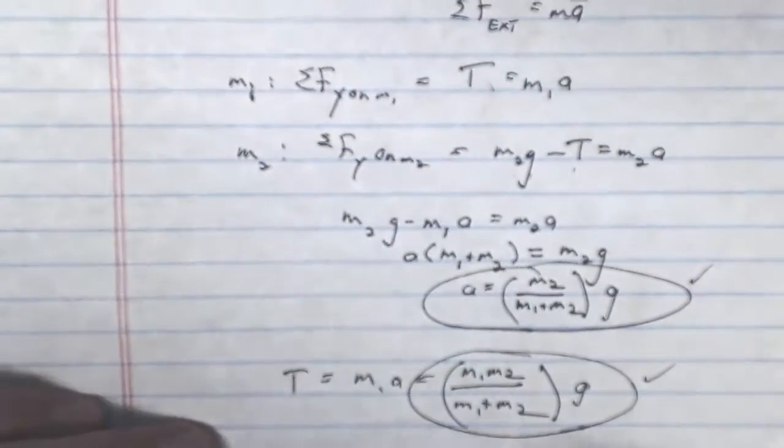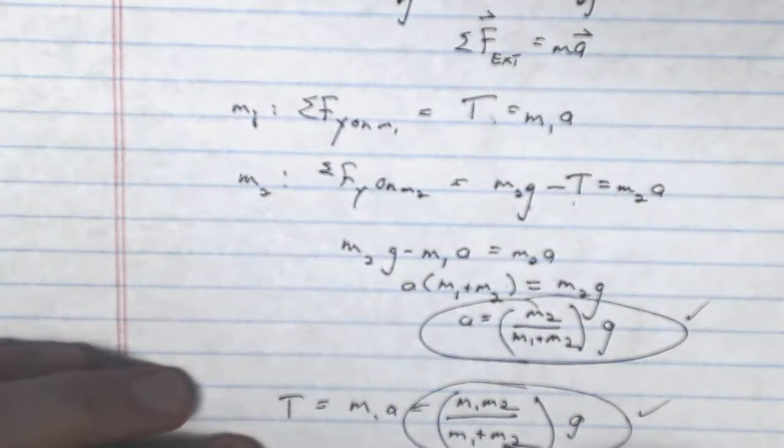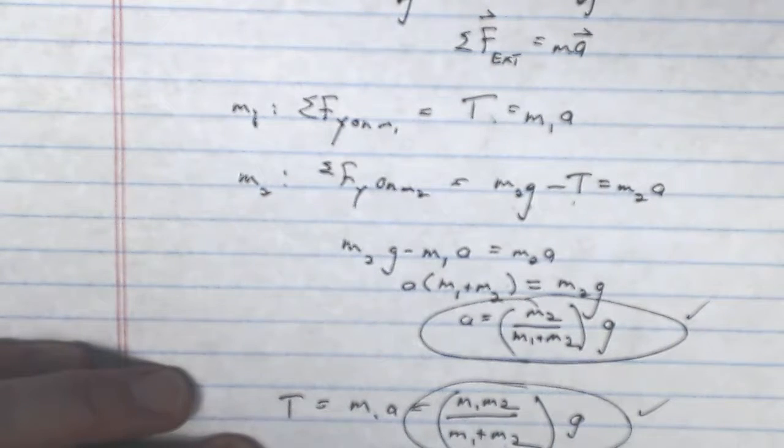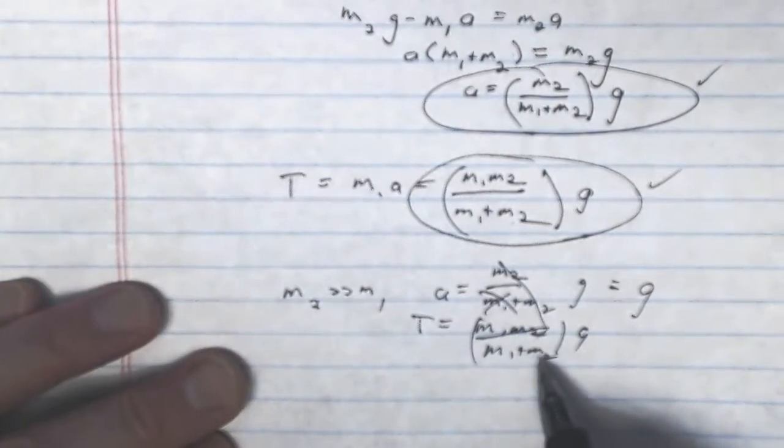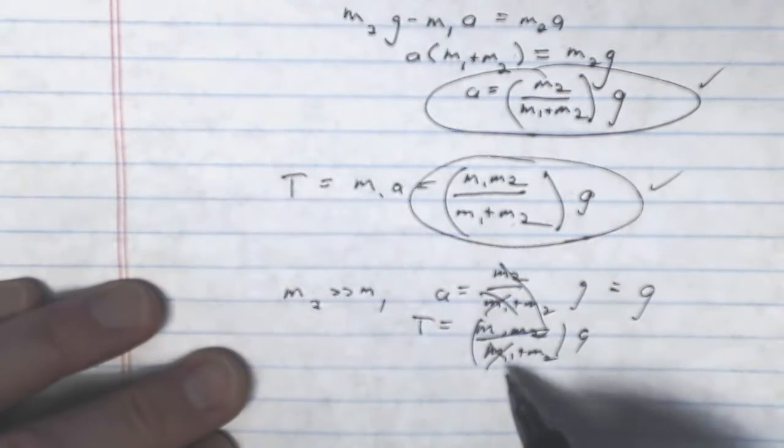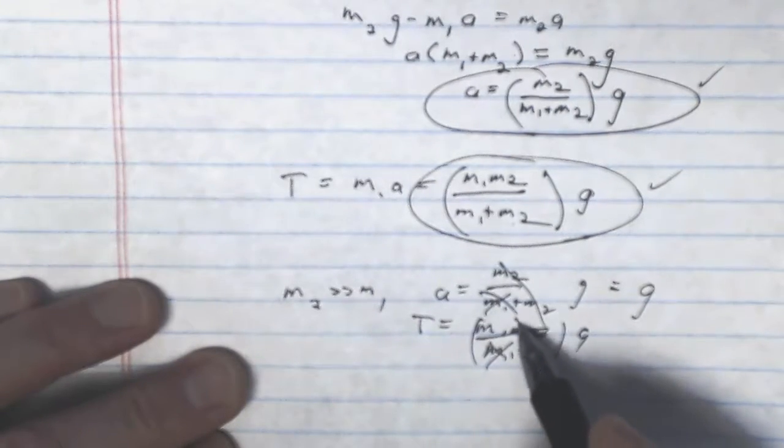Well, the tension is equal to m1 m2 divided by (m1 plus m2) times g. If m2 is much, much bigger than m1, then I ignore m1 in the denominator. Once I've ignored it, m2 cancels.